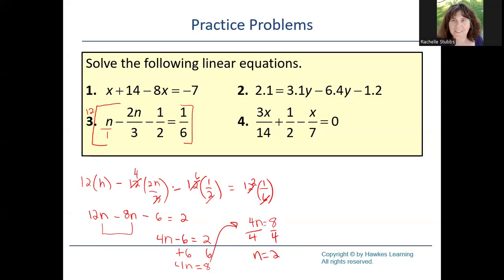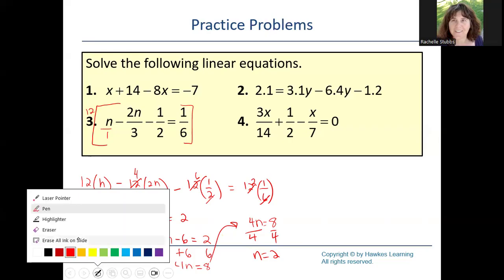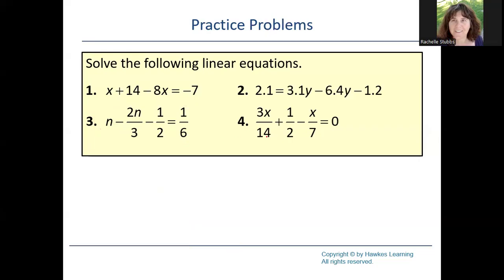And our last one, we'll also do it this way. Clear this. 3x over 14 plus 1 over 2 minus x over 7 equals 0. What's the least common denominator here? The least common multiple happens to be 14. So I am going to multiply everything by 14.